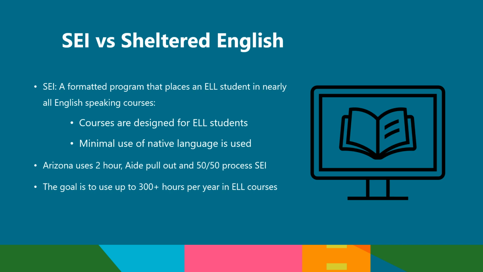In essence, they are embedded with their peers. They learn alongside their peers, they use the language with their peers, and for minimal amounts of time, they are pulled out to get more one-on-one accommodations to further learn the language. In addition to these modified courses, they gain one-on-one time, as we said, with aides, and essentially learn through doing.